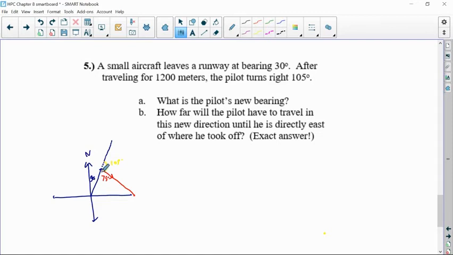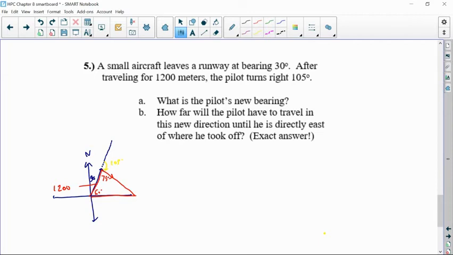We knew that this initial distance was 1,200 meters. And this is 75. If that's 30, then this is 60. So I'm seeing an angle, side, angle case. So I don't need law of cosines. I actually need law of sines.